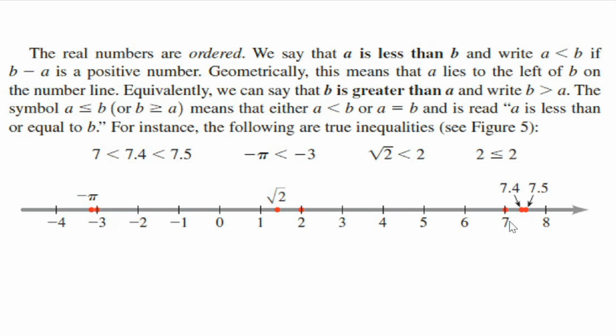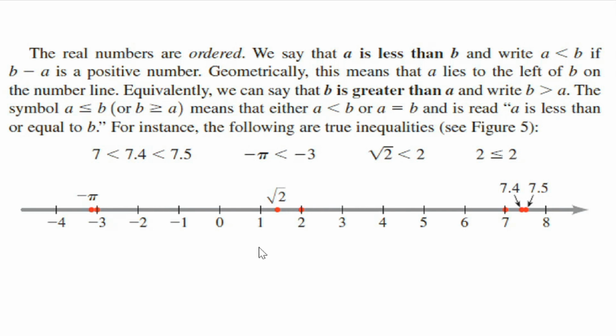So 7.4 is in between 7 and 7.5. When I say in between, it is not necessary that it's in the middle of 7 and 7.5, but that it is within that limit or boundary between 7 and 7.5.